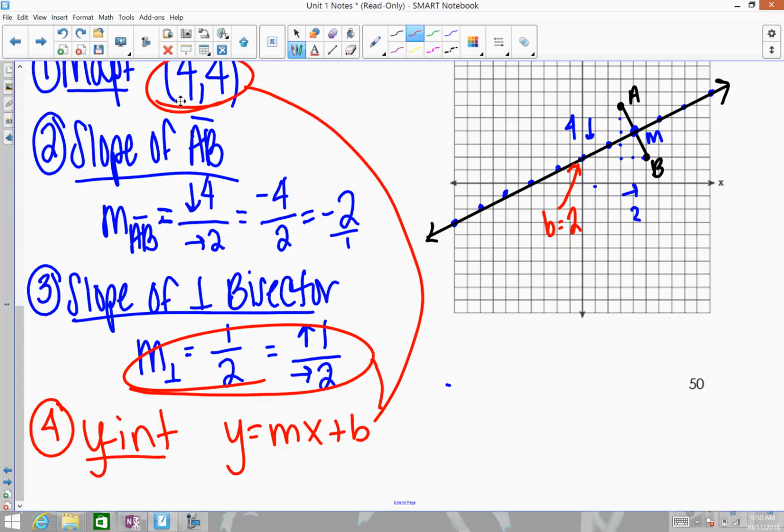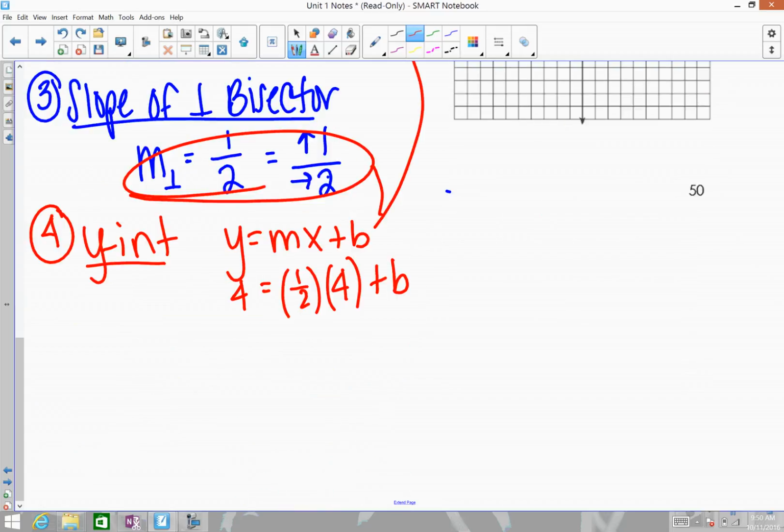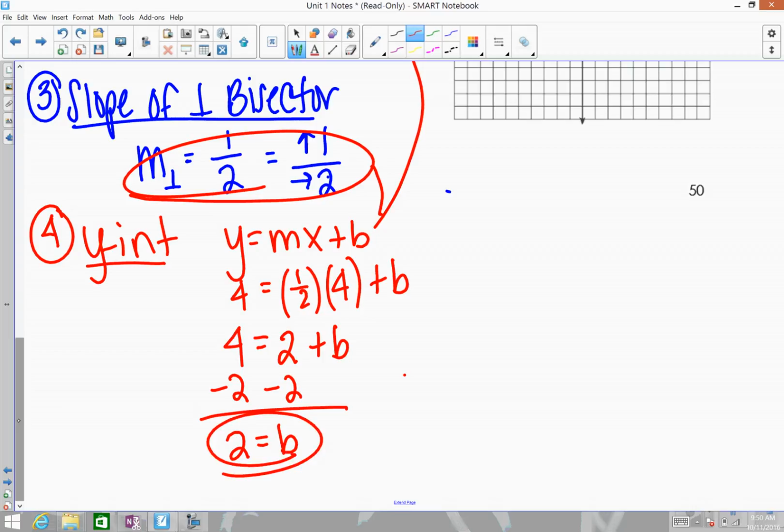So I have 1/2 for the slope, 4 for x, plus b. When you solve this, you get 2, 4 divided by 2. Subtract 2, so you get 2 equals b, which is exactly what we found on the graph, but this is the algebraic way of doing it.